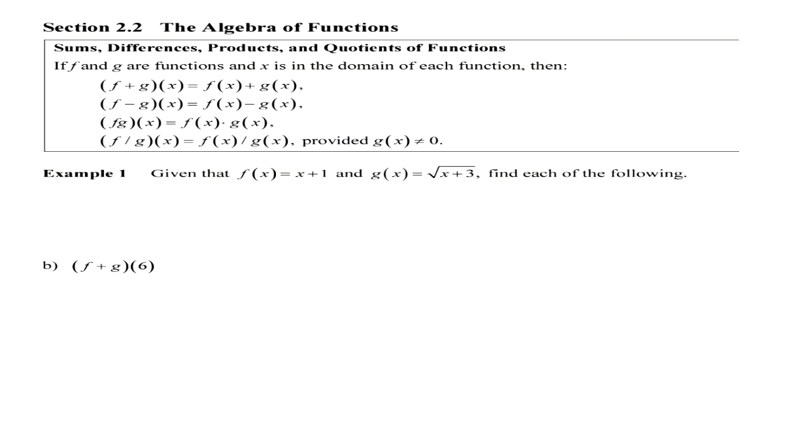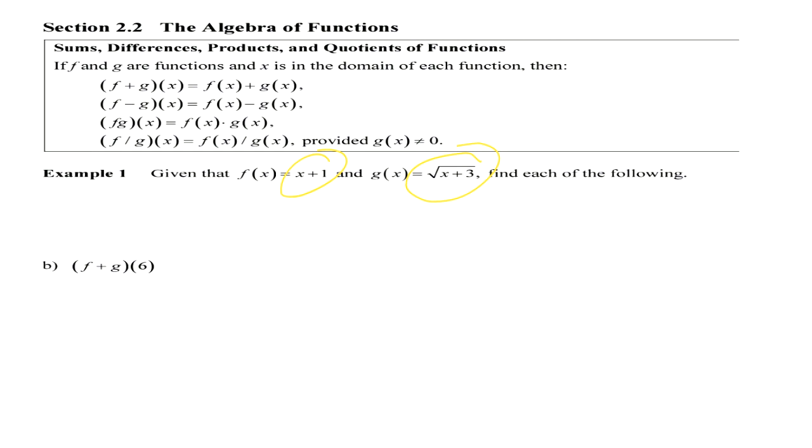So I'm going to use the same functions. In example 1b, they want me to find f plus g of 6. Now I can use the information from the previous problem, but I'm just going to rewrite it as a fresh new one.